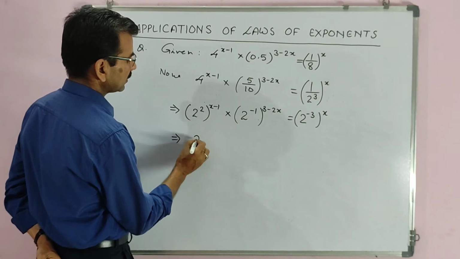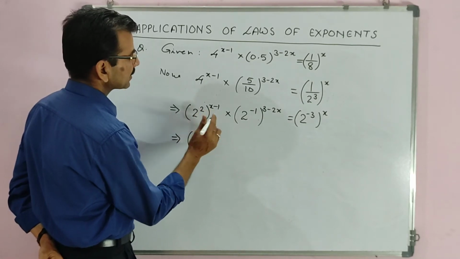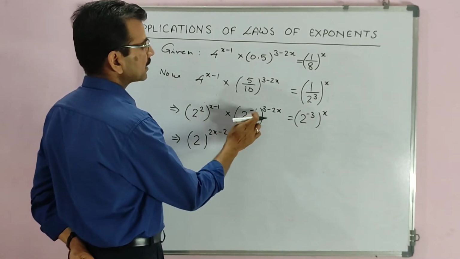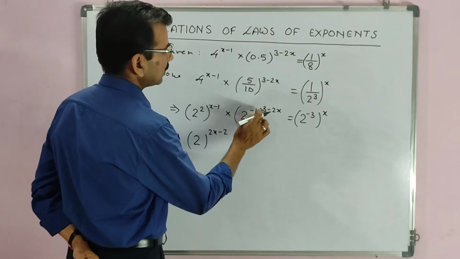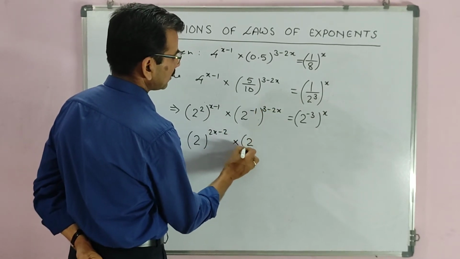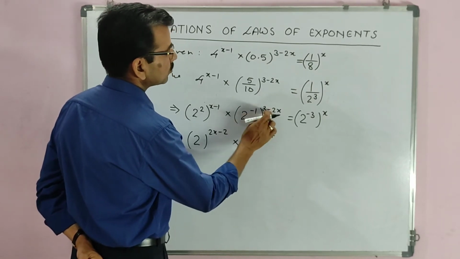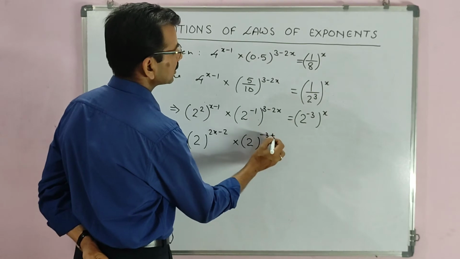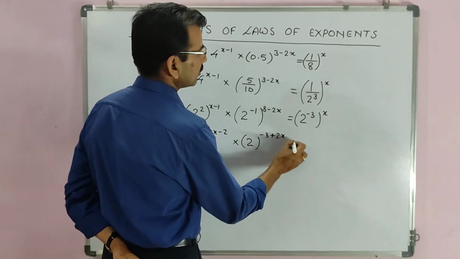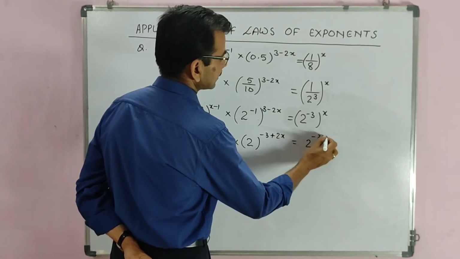We know that 2 raised to power 2 into x, 2x minus 2 into this minus 1, you take inside, from inside to outside you multiply. So 2 raised to power minus 3 plus 2, negative sign will give positive sign. So 2x equal to 2 raised to power minus 3x.